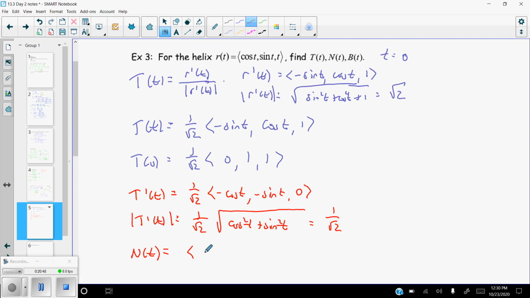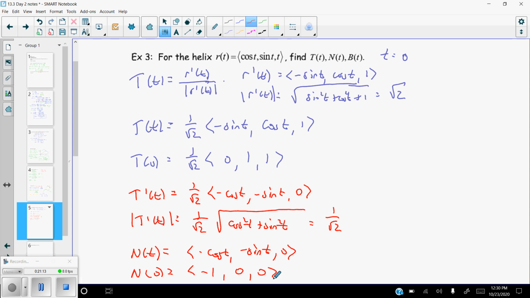So the normal vector is just going to be negative cosine t, negative sine t, 0. All right, we're on a roll. Let's go ahead and find this at 0 because that's what we wanted to do. So negative cosine of 0 is negative 1, negative sine of 0 is 0, and 0.